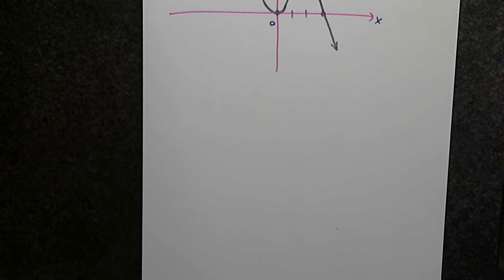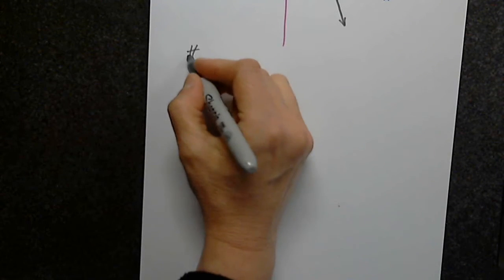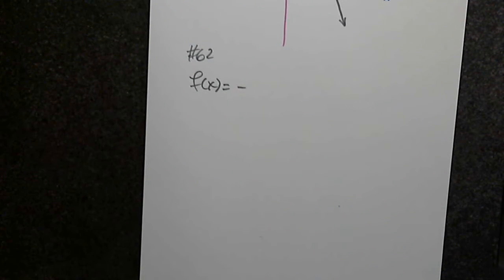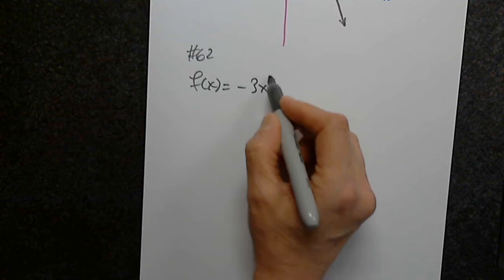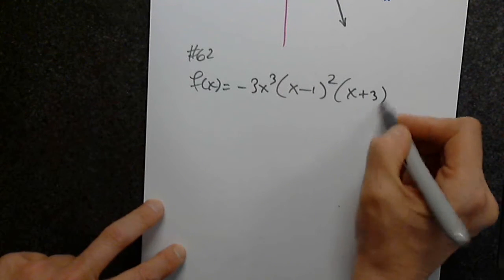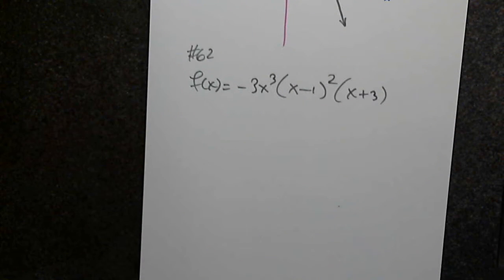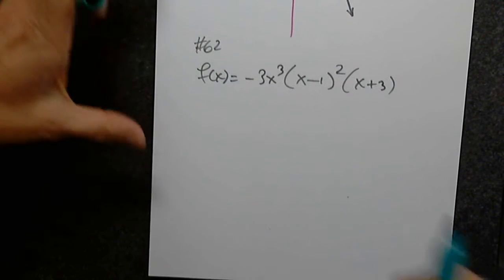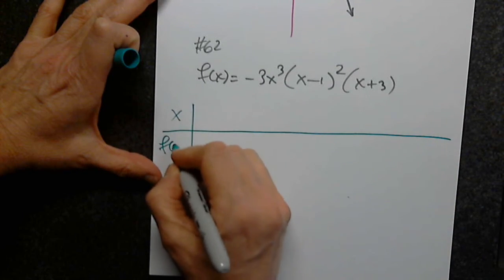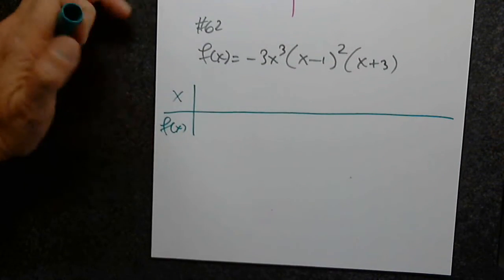I will pick 62. 62 is f of x equals negative 3x cubed, in parentheses x minus 1 squared, in parentheses x plus 3. Domain, please.